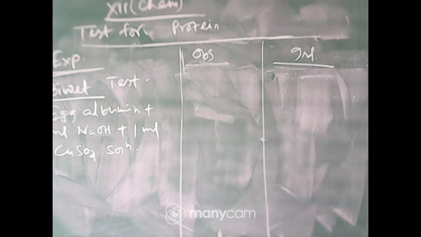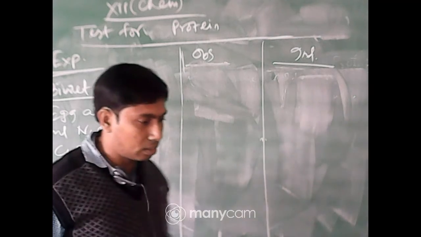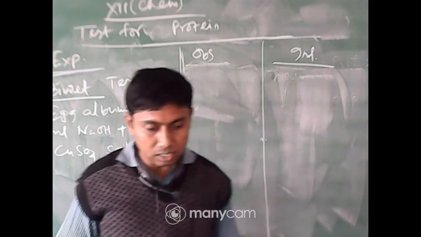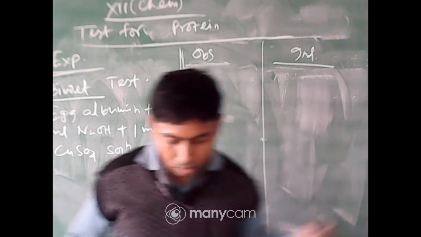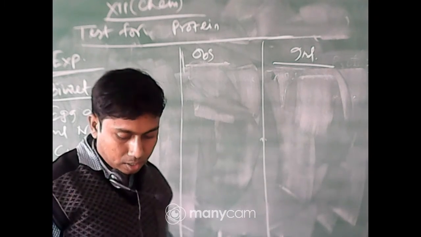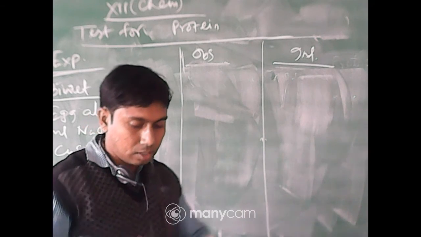Next, another test, that is the xanthoproteic acid test. Before going to xanthoproteic acid, we will do the ninhydrin test. So, again the sample, that is egg albumin.